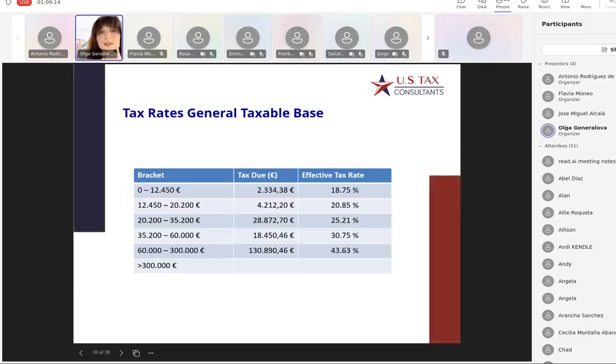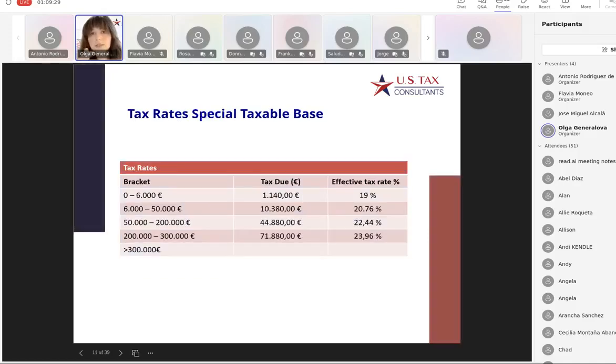In the next 2 slides, you can see how IRPF works as a progressive tax. As you know, it means your income is divided into different brackets and each is taxed at its own rate. Every autonomous region sets its own brackets and tax rates.